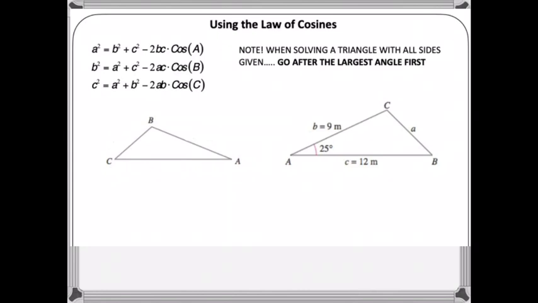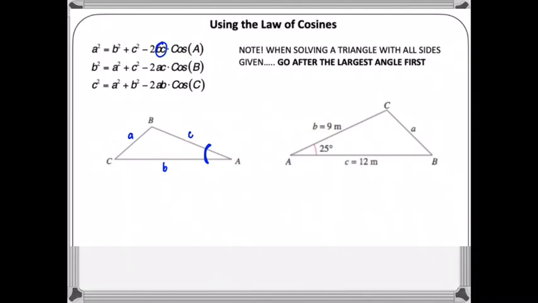But notice about the law of cosines that angle A right here has to be opposite side A, and the B and the C are going to be the included sides that make up the angle that you're taking the cosine of.